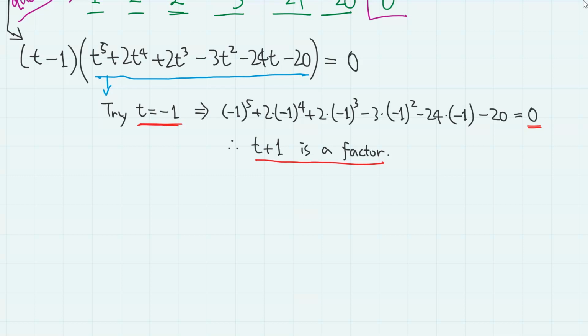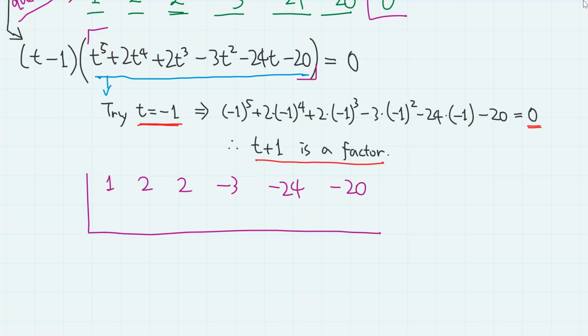Now we do the synthetic division again. So 1, 2, 2, minus 3, minus 24, minus 20. And we are dividing with t plus 1, so now we have minus 1 here. So 1, and this times this, so minus 1, then adding up.